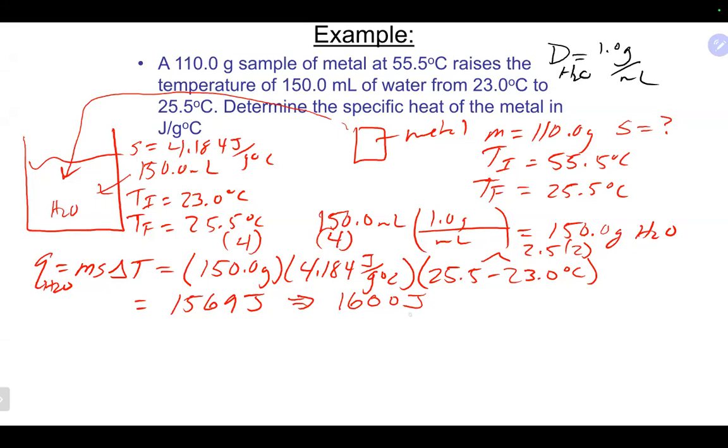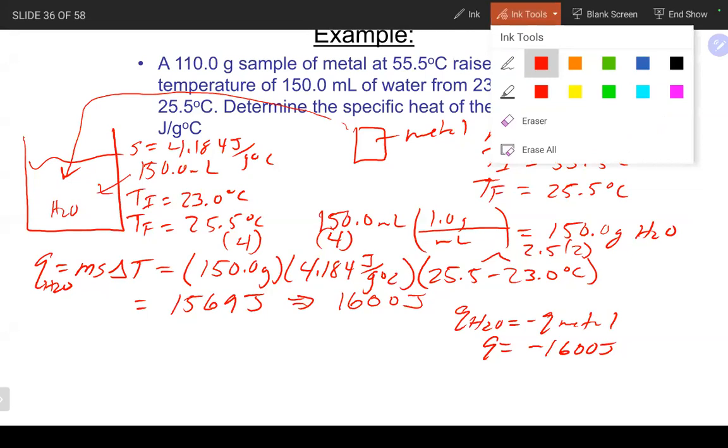For the metal, Q of the water will equal minus Q of the metal, which means the Q of the metal in this case would be negative 1600 joules, which also makes sense because it's negative, exothermic for the metal. It's giving off that energy, and it's the exact same amount of energy that was absorbed by the water, should be the exact same amount of energy that was lost by the metal. Any questions on that?